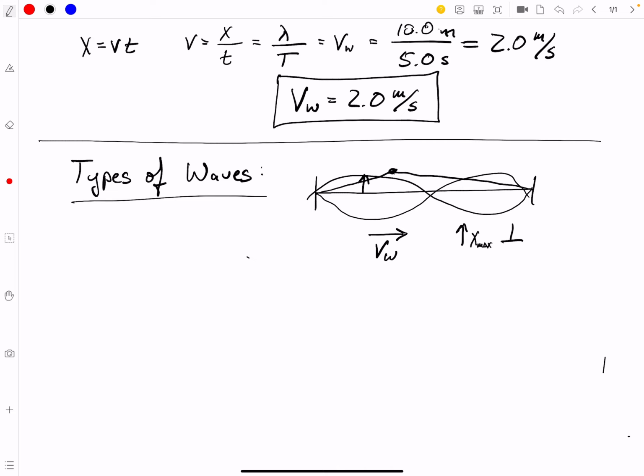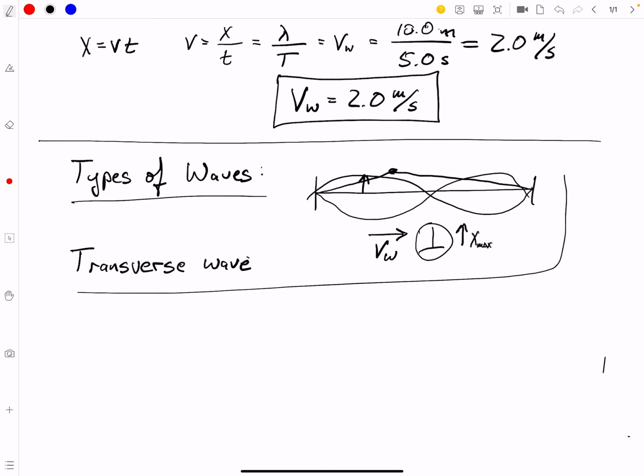So when it's perpendicular, then that is called a transverse wave. So that's this situation.